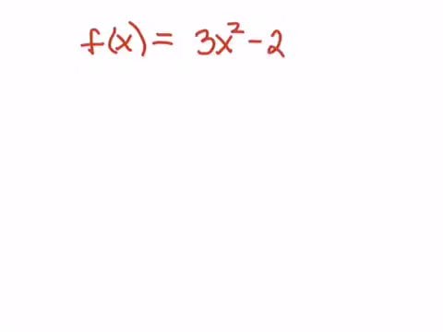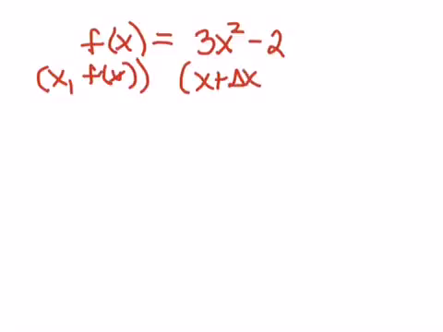Okay, so what's going to happen is we are going to use the point f of x, and x plus delta x, and f of x plus delta x. So that literally means we're going to plug x plus delta x into x in this function.